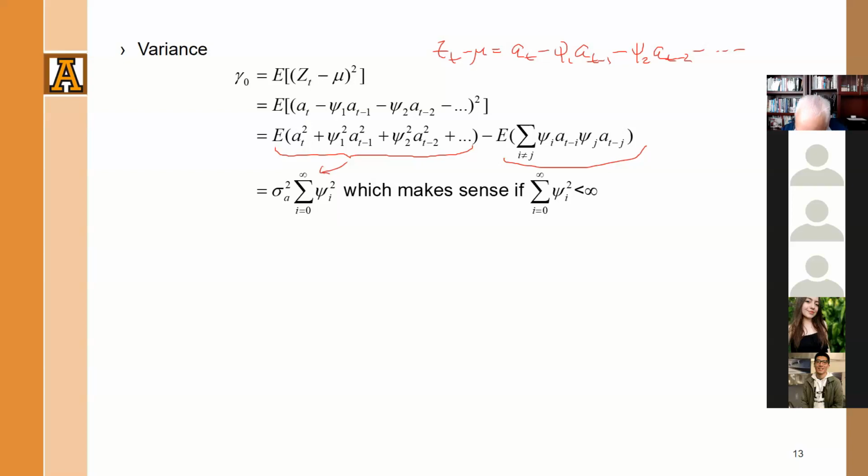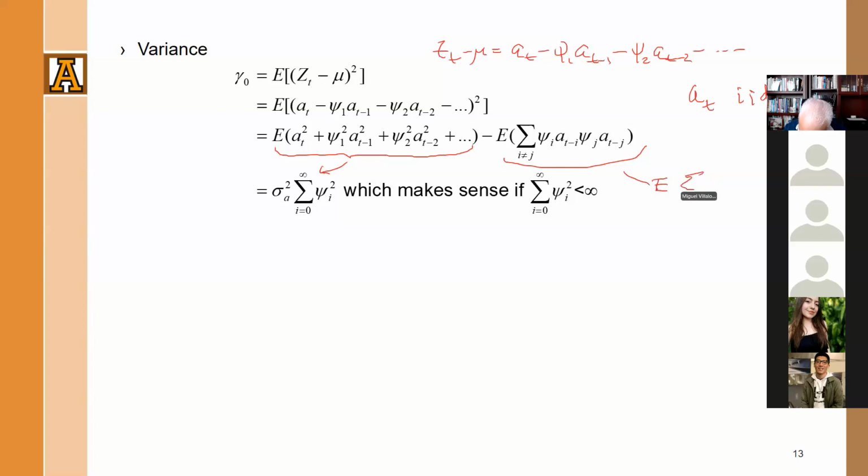One of the assumptions is that the a sub t's are independent, identically distributed. Since they are independent, the expected value of the product, the psi i and psi j are constants, right? So this is expected value. This term here is expected value of the sum.